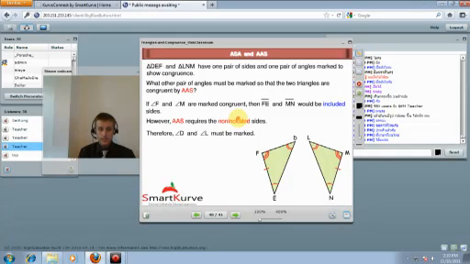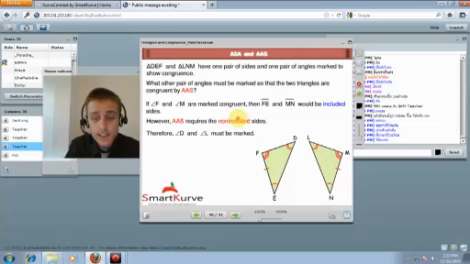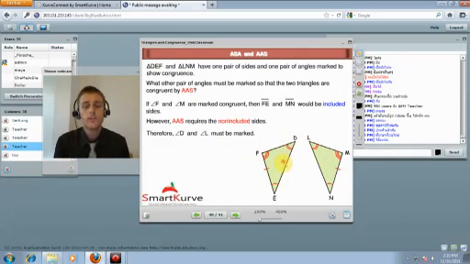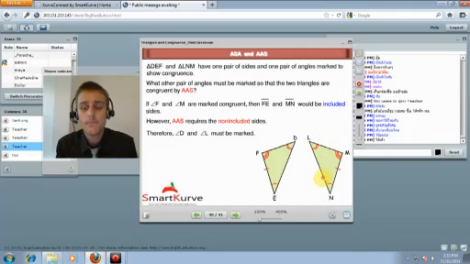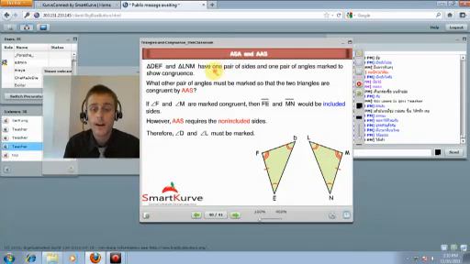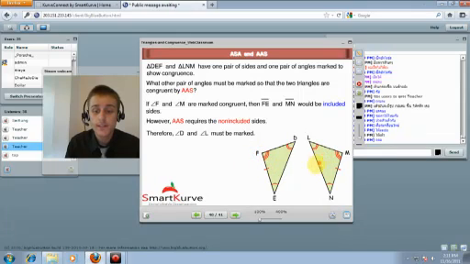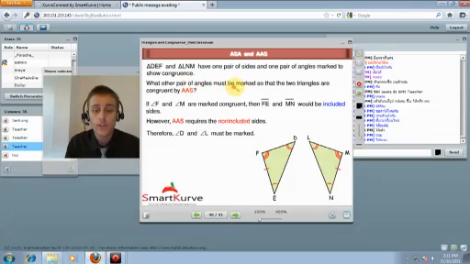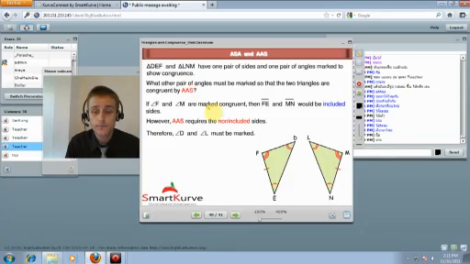I don't see any answers. Okay, if triangle DEF and triangle LNM have one pair of sides, say DF and LM, and one pair of angles marked to show congruence, what other pair of angles must be marked so that the triangles are congruent by angle, angle, side?